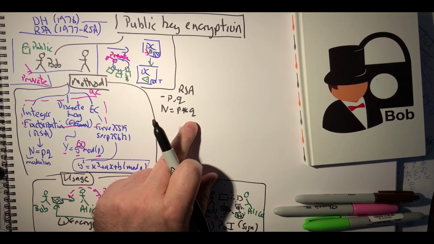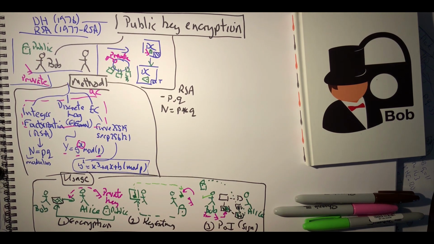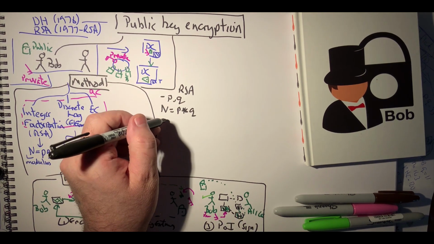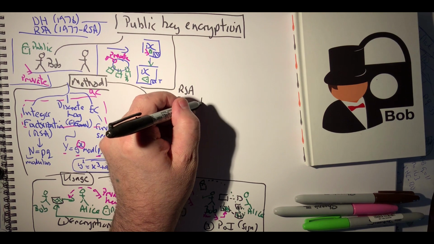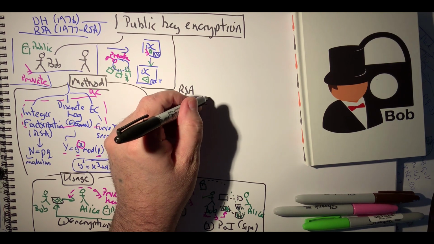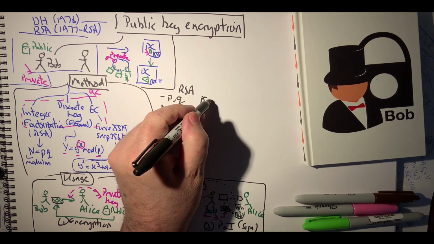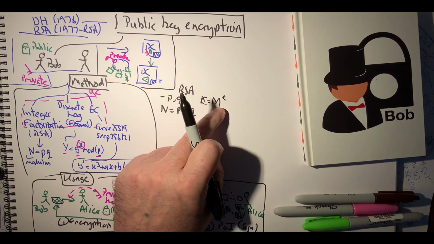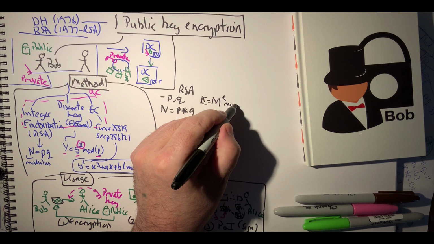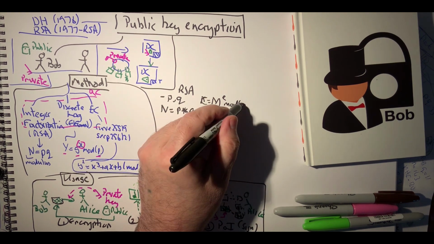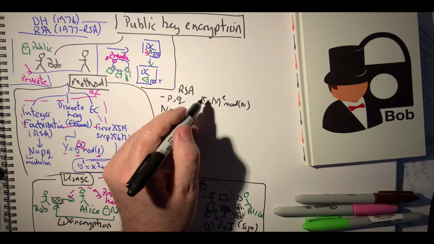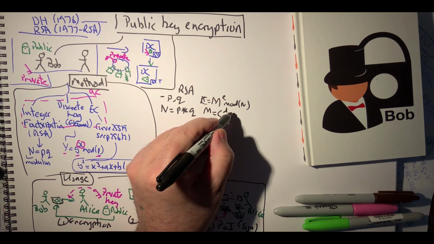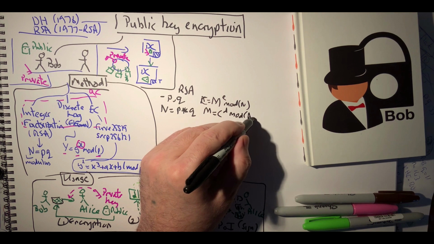The next thing that we need to do is define our encryption keys. RSA is an exponential cipher. We take our message and raise it to the power of an encryption key, then take mod n for the cipher, and to get the message back we take the cipher to the power of d mod n.